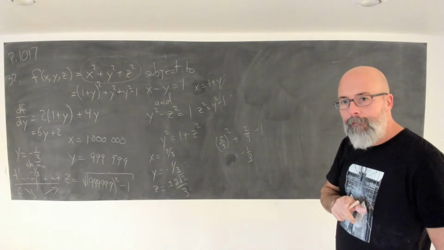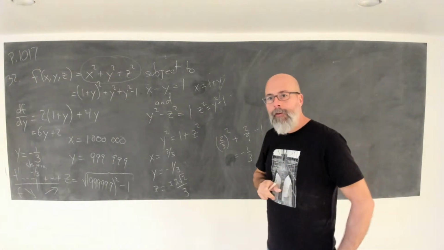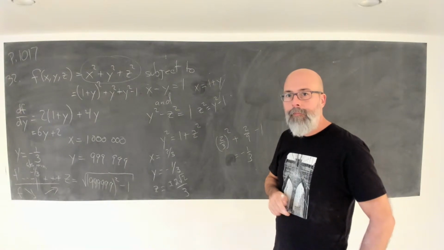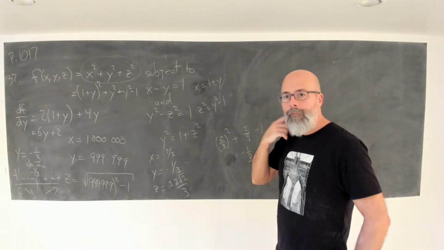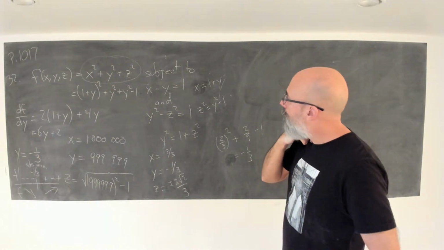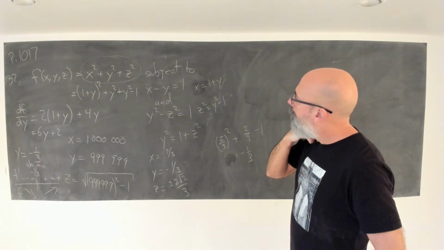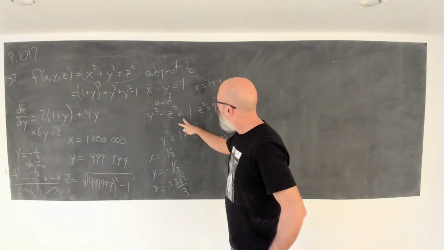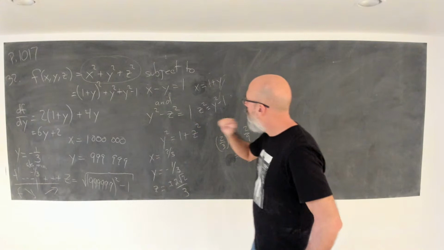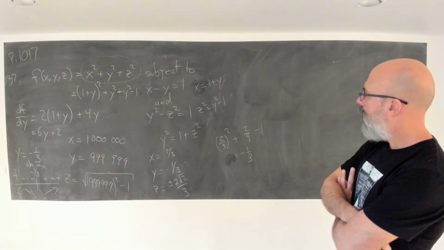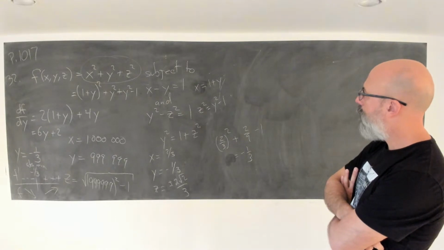Right, you see what's happening? Yeah, exactly. Z squared is negative 8/9, and then we're in trouble. So how do we fix it? How do we fix this?